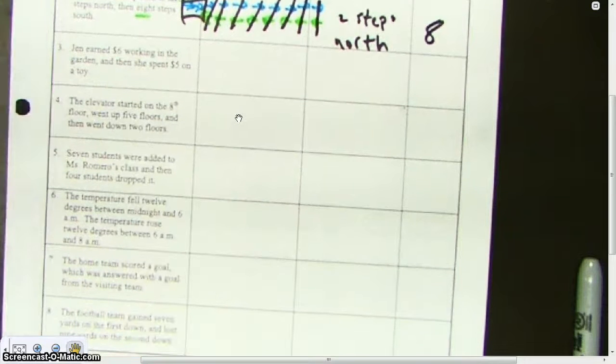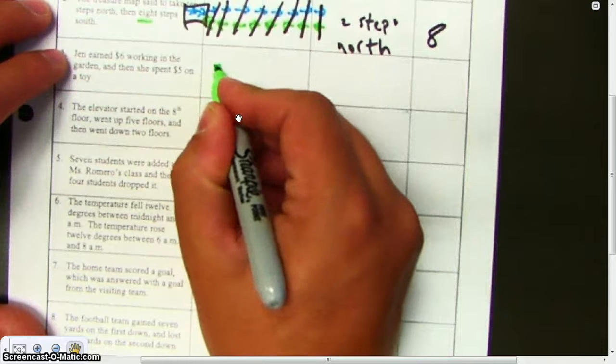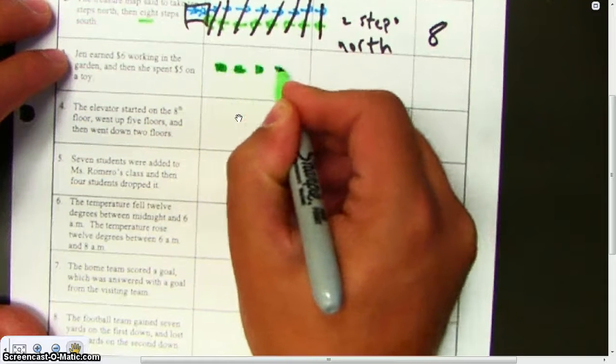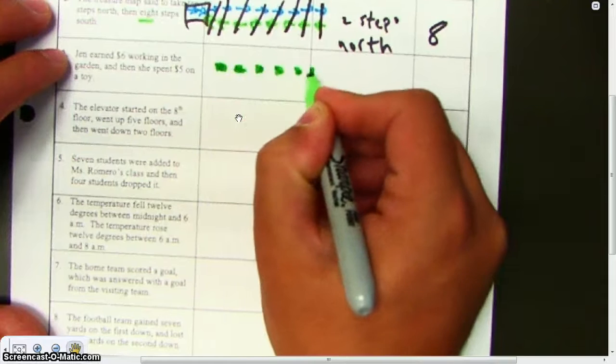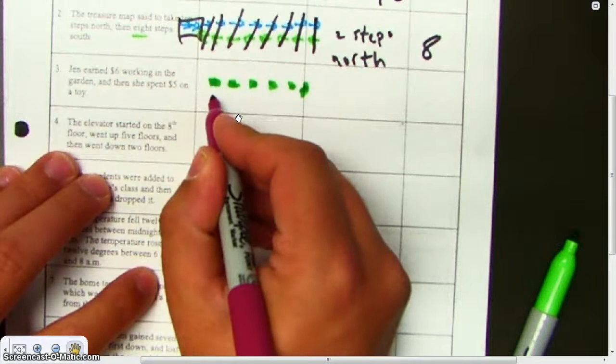Jen earned $6 working in the garden, and she spent $5 on a toy. So she earned 1, 2, 3, 4, 5, 6 dollars working in the garden. And then usually we use red if we're talking about spending. I don't have a red Sharpie. I have this color though, so we're going to talk about her spending 5.